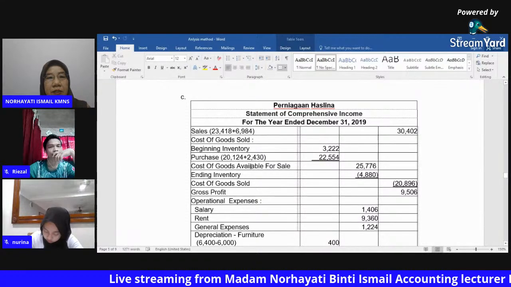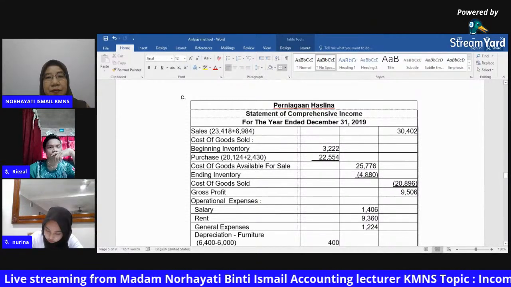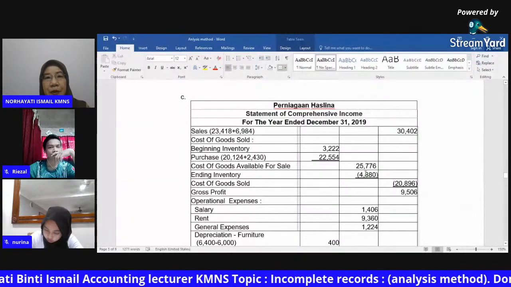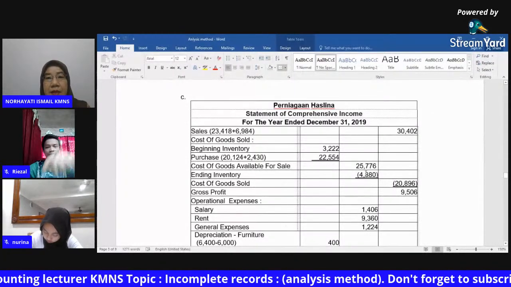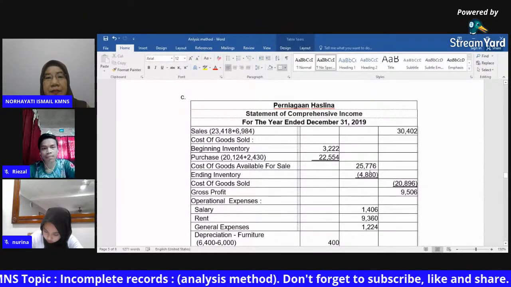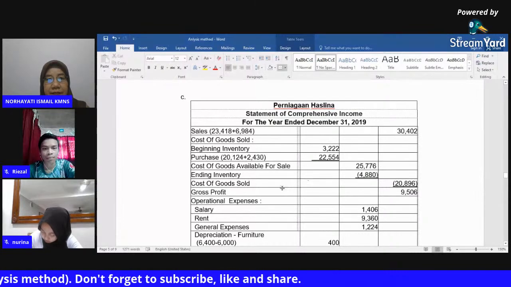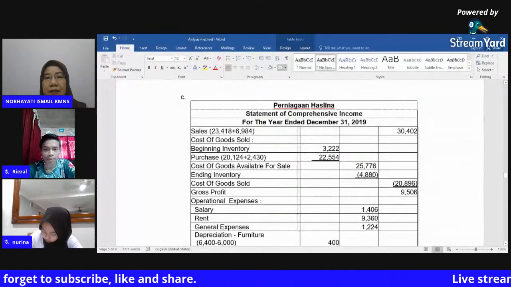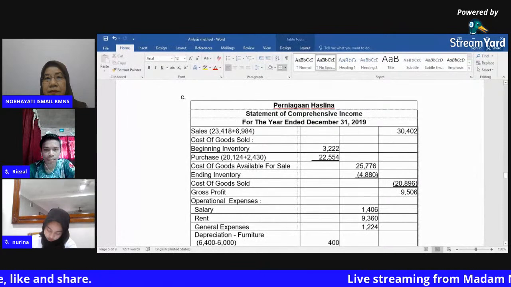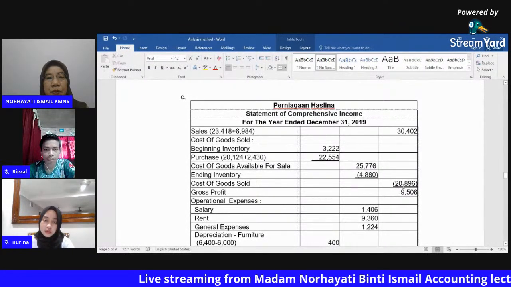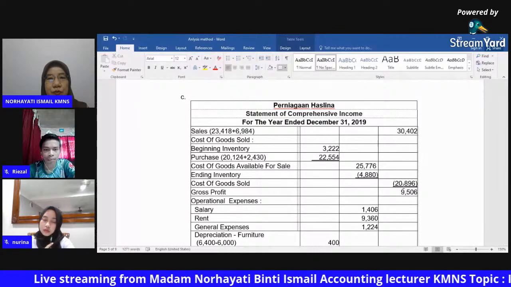And the total cost of goods available for sale, we got the amount 25,776, less ending inventory 4,880. You got 20,896 for cost of goods sold.